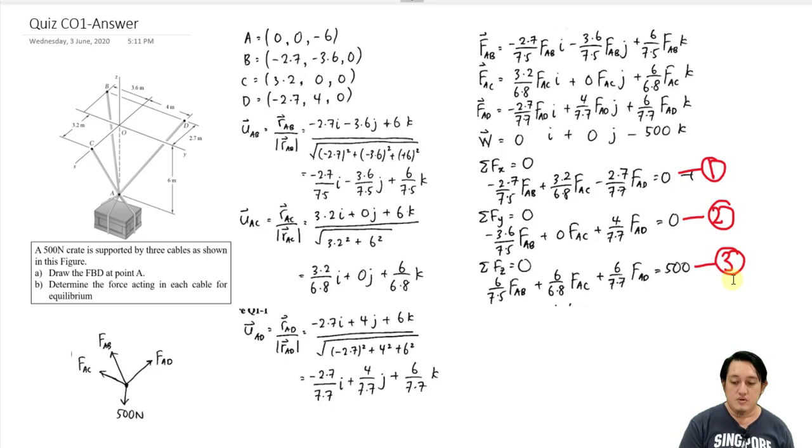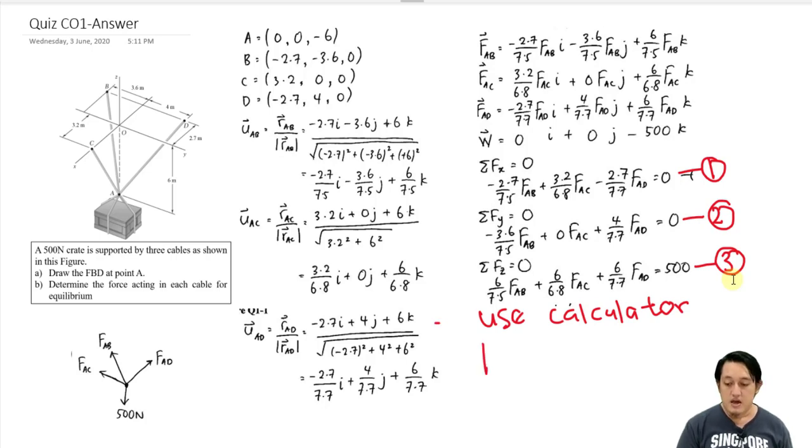So if you use the calculator, the final answer will be FAB equals 178.4 Newton.